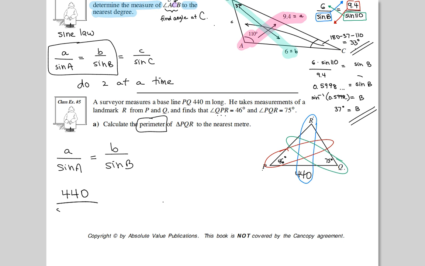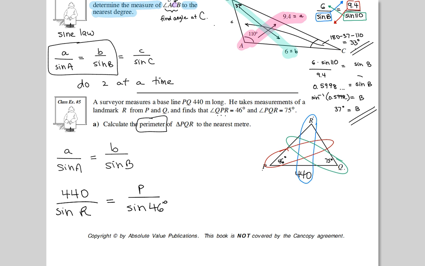And sine A would be, in this case, sine R. You guys okay with that? Now let's choose 46 or 75. It doesn't really matter, you got to get both of them. Let's go with red. So sine 46 in the bottom, because remember, angles always go with the sine. And what would go with sine 46? Little p.